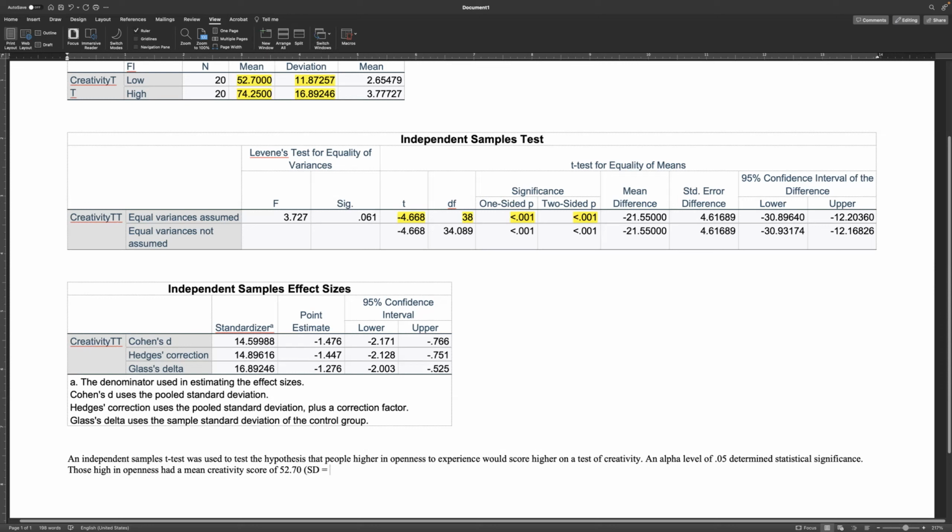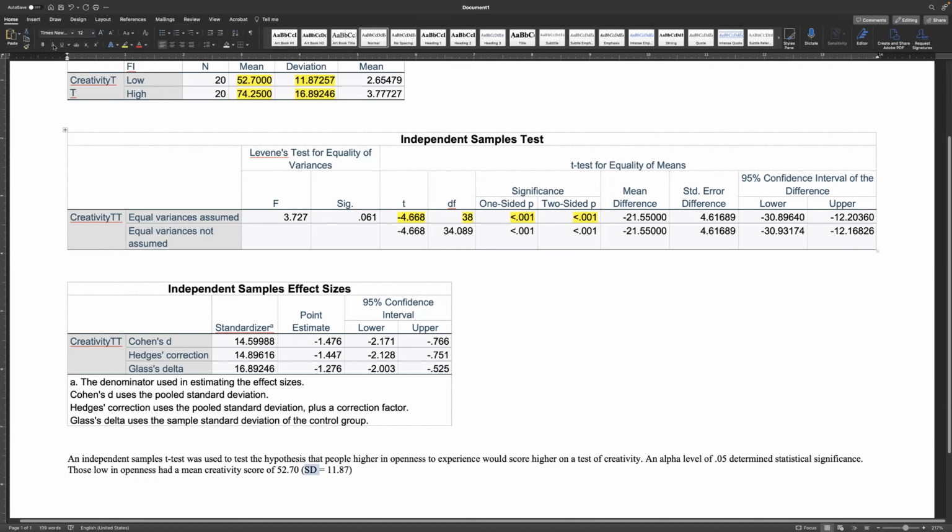So standard deviation of, oh, hold on, I mixed it up. Sorry, low in openness. Right, and then their standard deviation was 11.87. And so here's where you would italicize that. Right? And so also, if you abbreviated the mean, you would italicize that. It would look like that, but that's not how I'm writing it up.